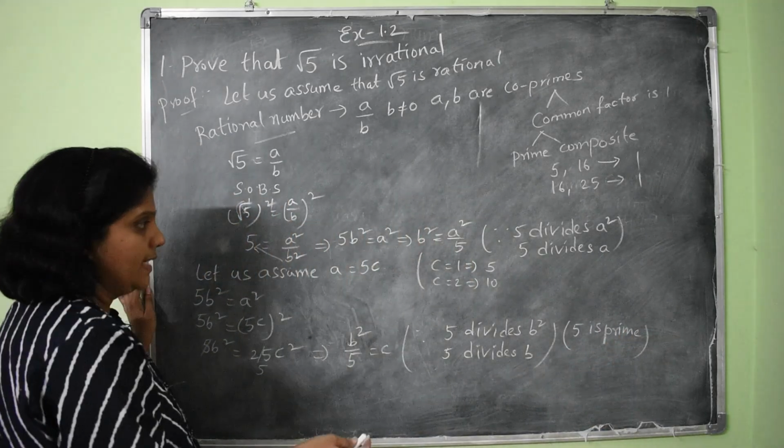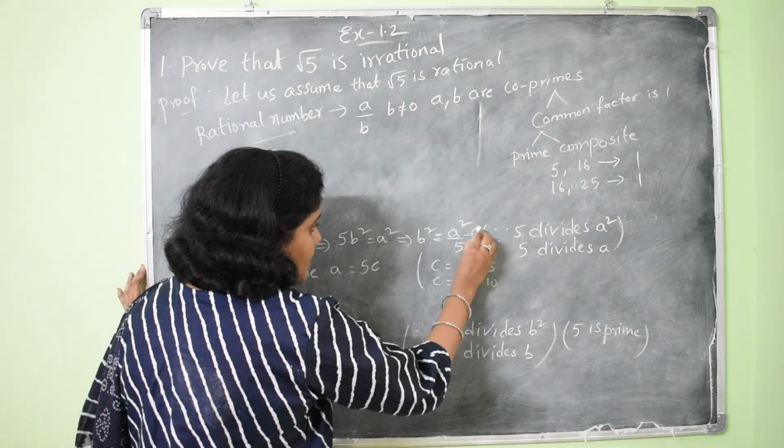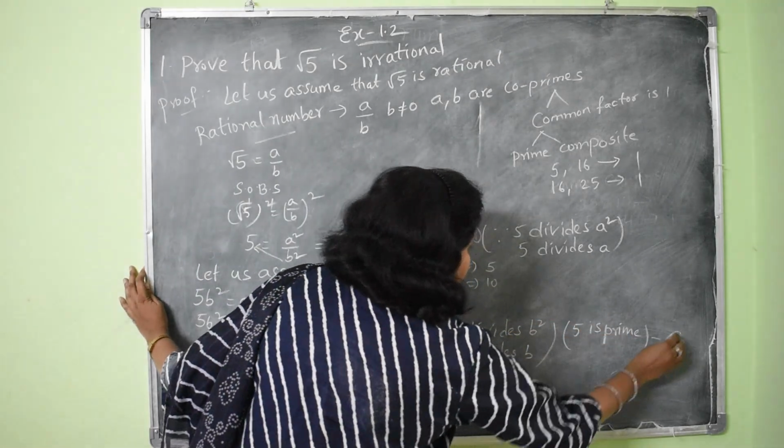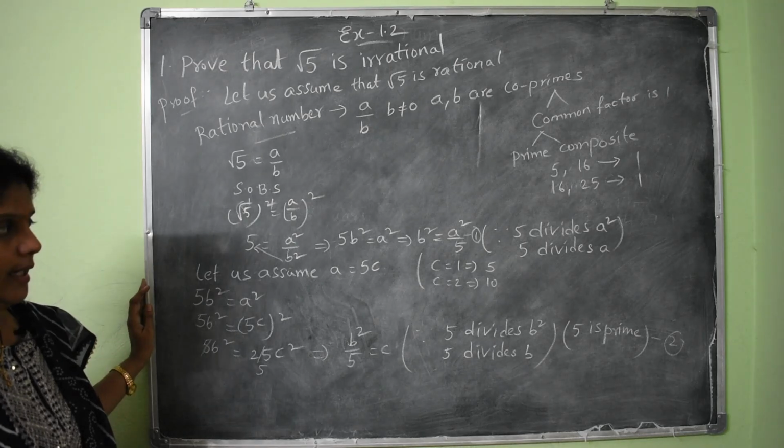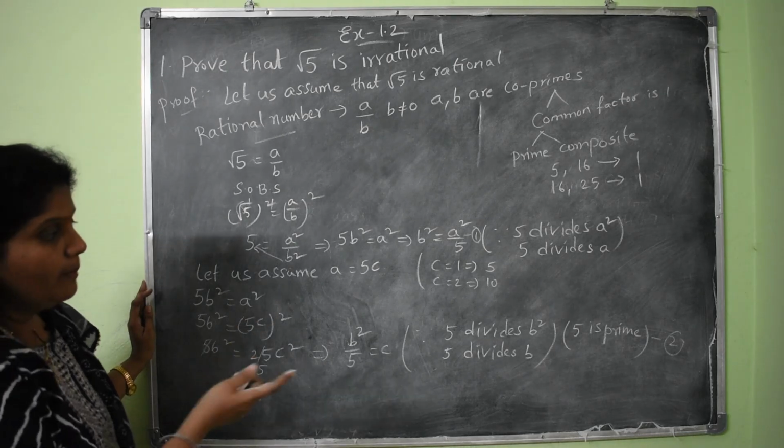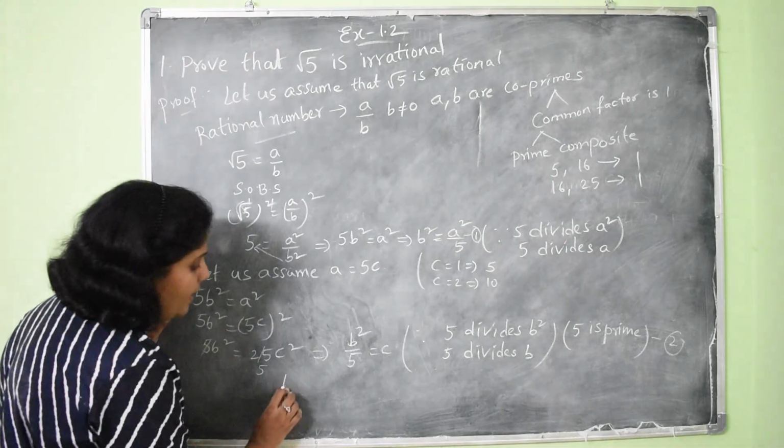So let us assume this condition as 1 and this condition as 2. Both a and b here are divisible by 5.